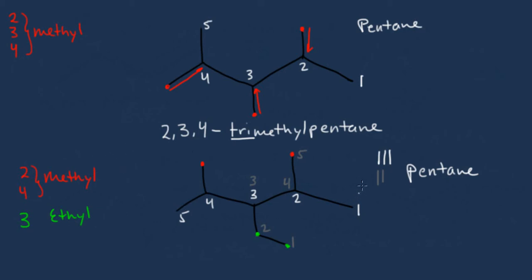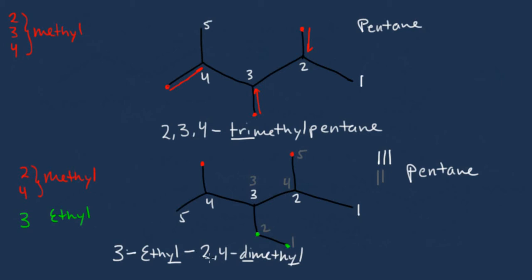So noticing that ethyl starts with an E and methyl starts with an M, we're going to name our ethyl group first. And so that will be on the 3 position, so it's the 3 carbon, we have ethyl. So 3-ethyl followed by our 2 methyl groups, 2,4-dimethyl, and there's our prefix, parent, suffix.